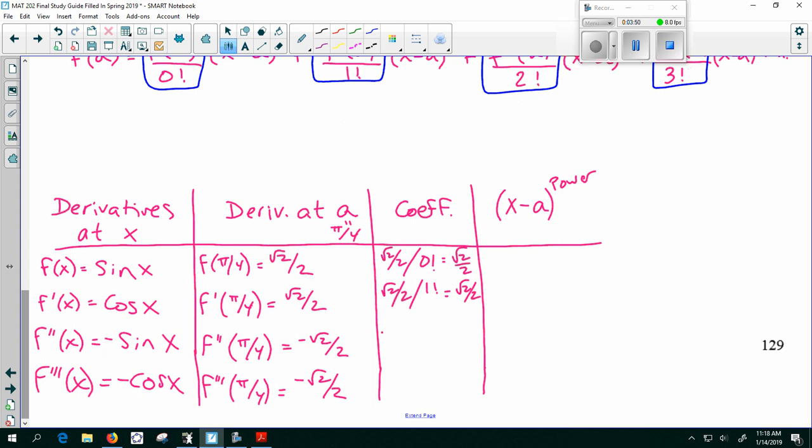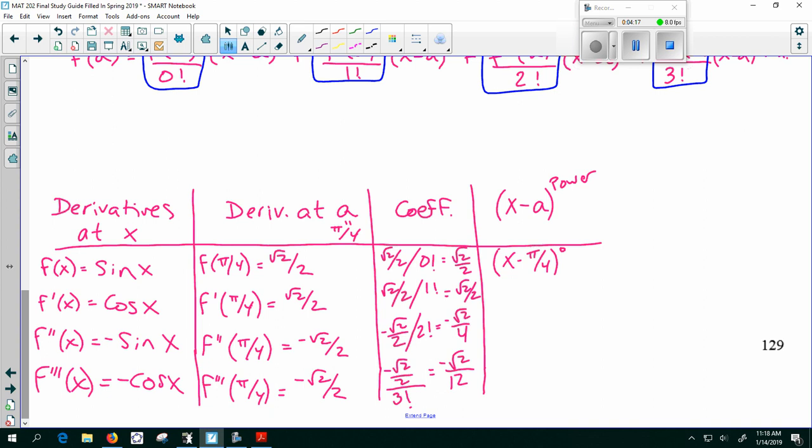My next one is negative root 2 over 2, the derivative, over 2 factorial, which is negative root 2 over 4. And then my last one is negative root 2 over 2 divided by 3 factorial, which is negative root 2 over 12. And then my powers, these are going to be x minus pi over 4s.